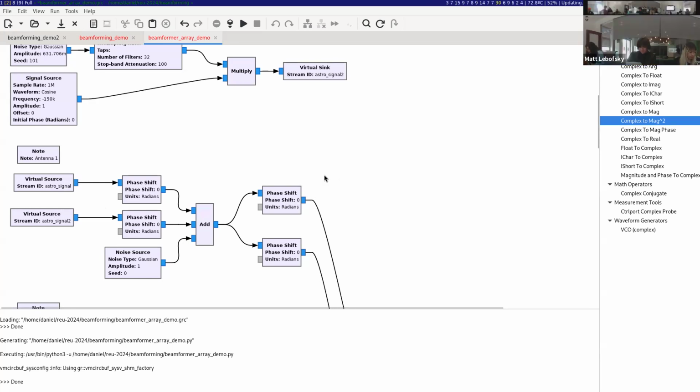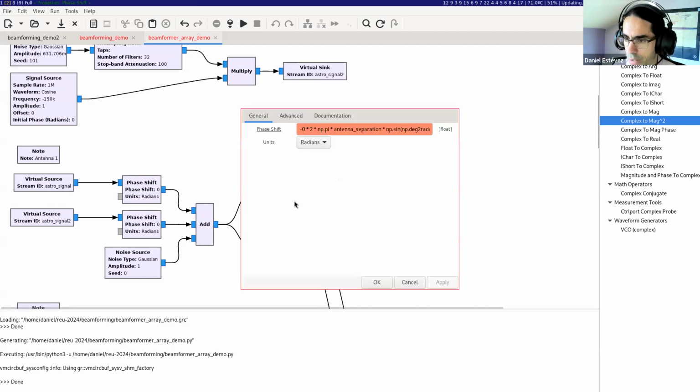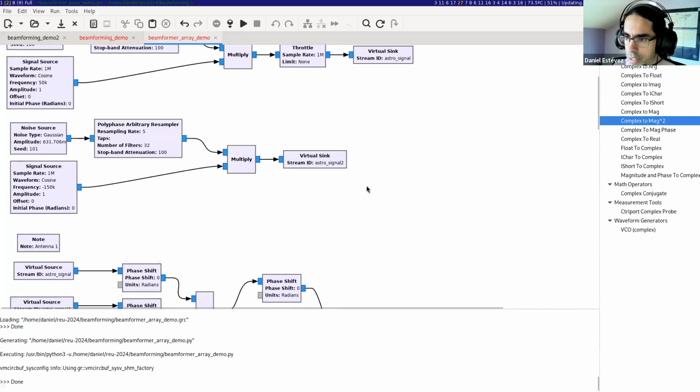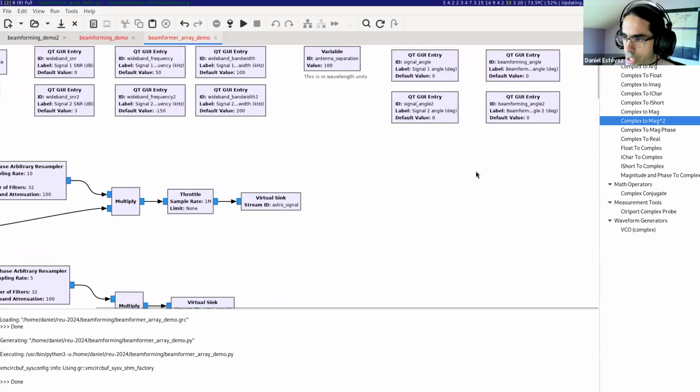So the beamformer is nothing more than a phase shift, which is intended to compensate for the phase shift here. It's practically the same as before, but there is a minus sign in front, and then there is the beamforming angle. The beamforming angle is defined by one of these GUI entries. There is signal 1 angle, signal 2 angle. These in general we do not choose.